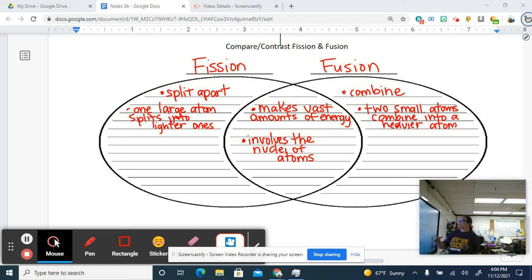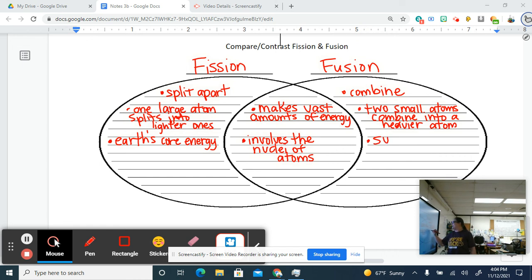All right, where is fusion found naturally? The natural energy is Earth's core energy. So it's the reason why the core is so hot is because fusion is taking place in the core. And we know that fusion, the energy is from the sun.